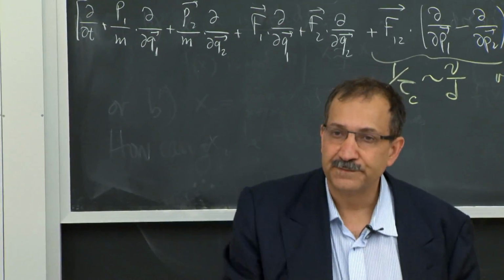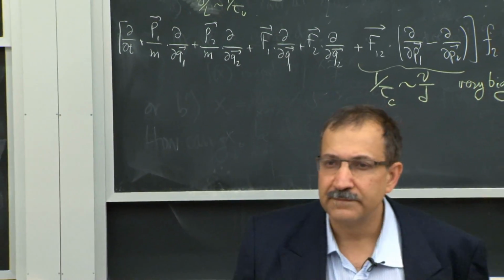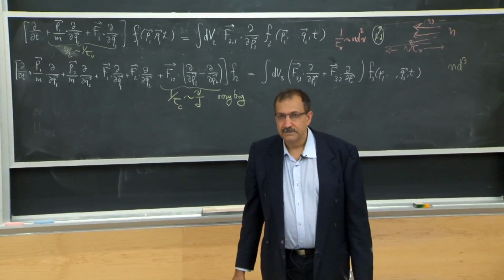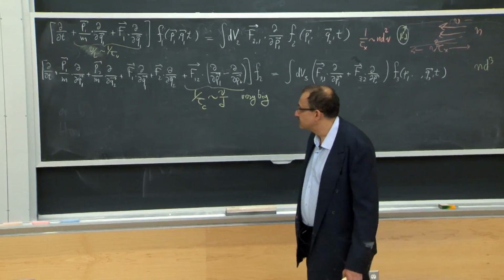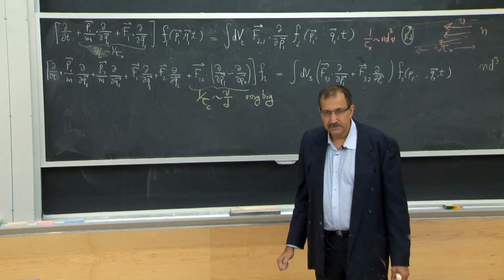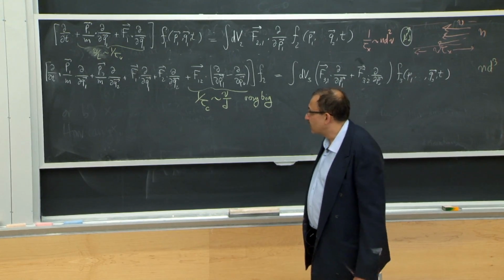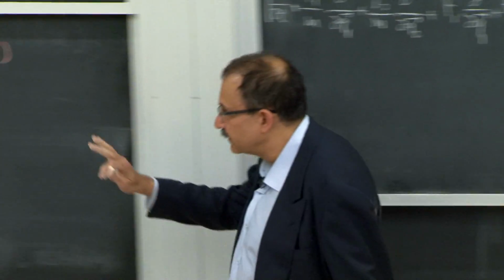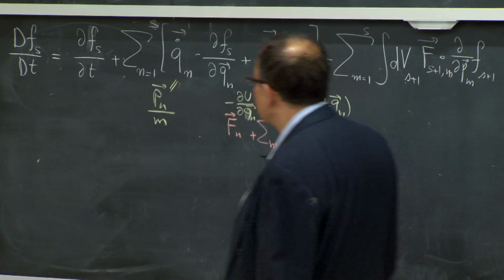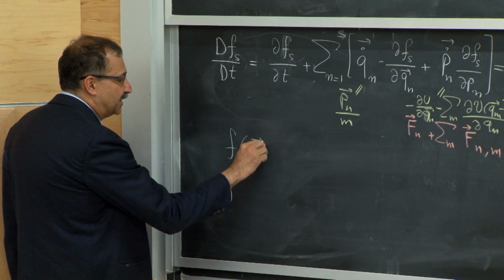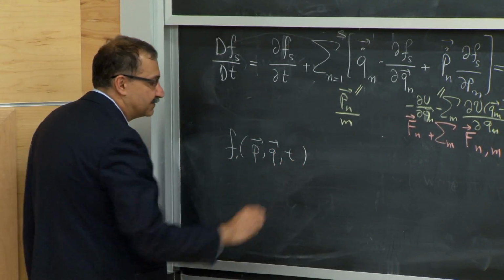There was a question. On the left-hand side of both of your equations, for F1 and for F2, should all of the derivatives that are multiplied by your forces be derivatives with respect to momentum, not with respect to coordinate, for dimensional reasons? Well, let's go back here. I have a function that depends on P, Q, and T. Right?